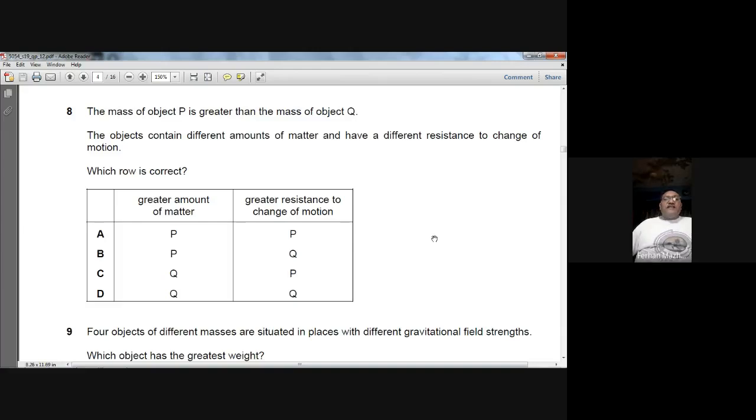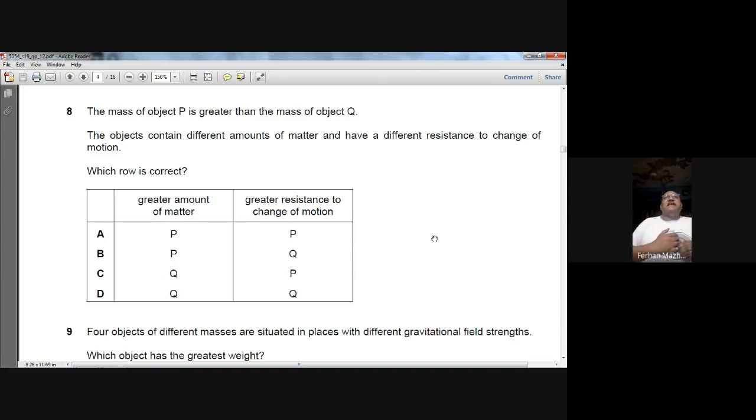We also use another term, inertia. Inertia is the resistance of an object to any change in state of motion. And the inertia depends upon the mass. So an object which has greater mass will have greater inertia, and an object with less mass will have less inertia. Greater inertia means greater resistance to any change in the motion.